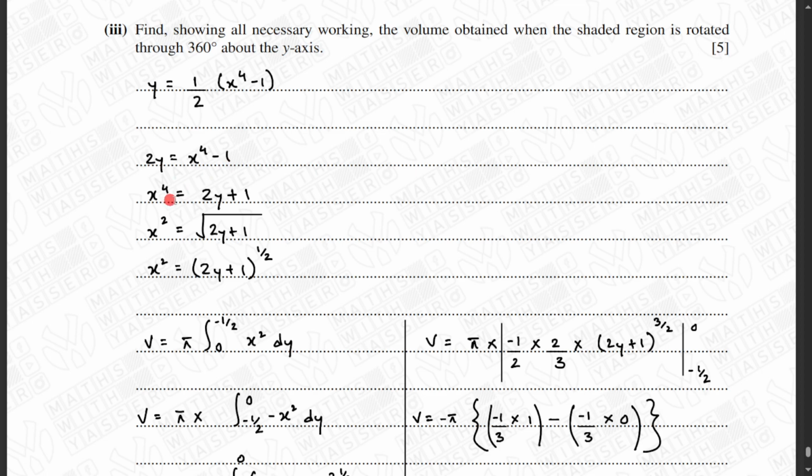That means x to the power 4 must be 2y plus 1. Now if I square root both sides, I get x squared is equal to the square root of 2y plus 1, or we can say that x squared is equal to (2y plus 1) to the power half. So the volume obtained by rotating about the y-axis, the formula will be pi integrating x squared dy.